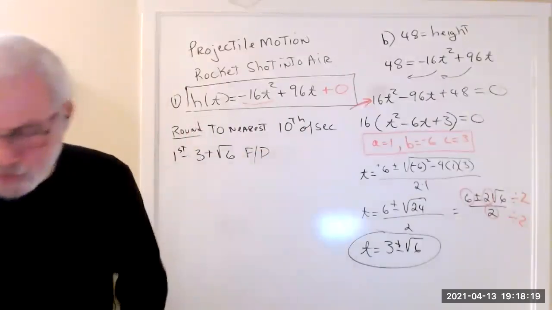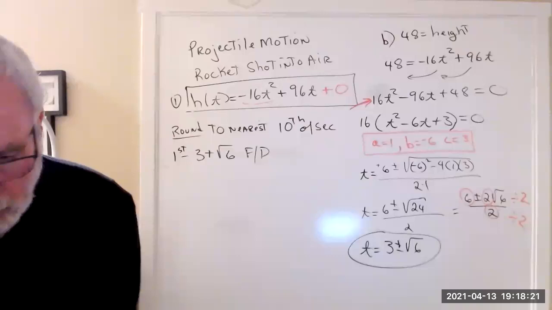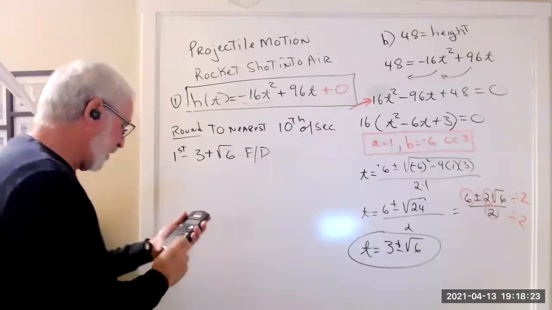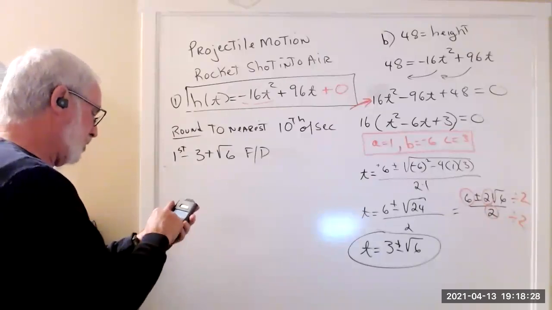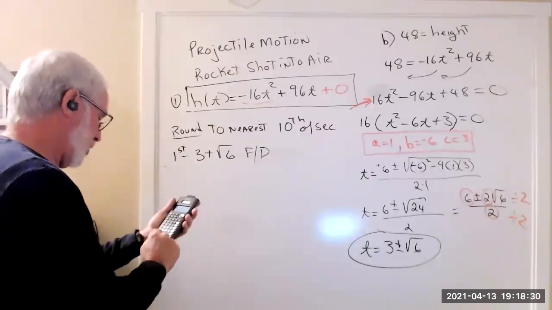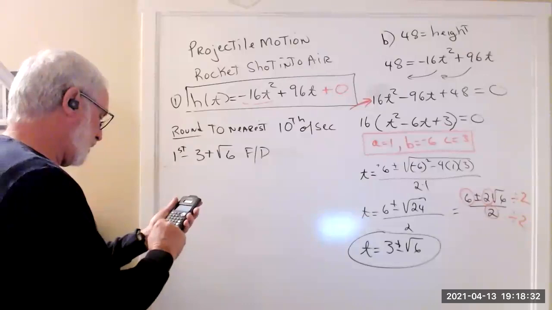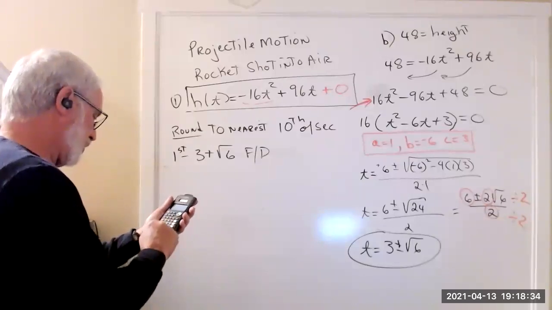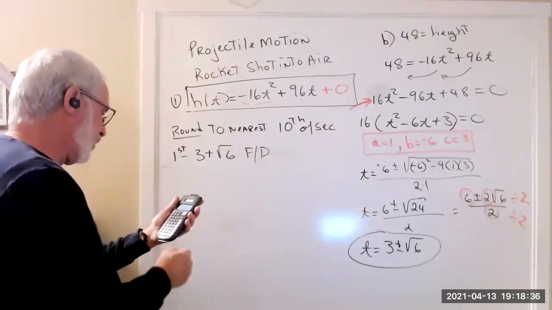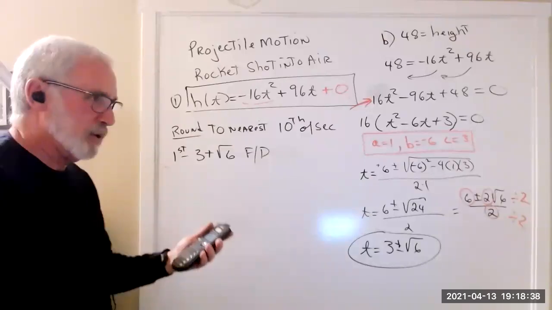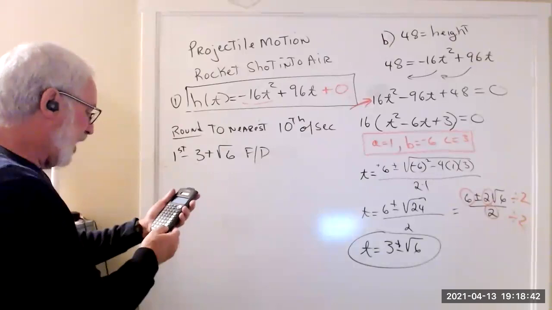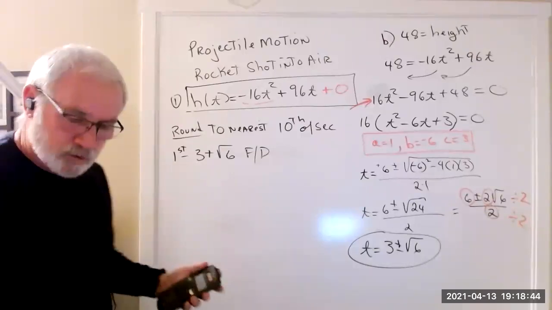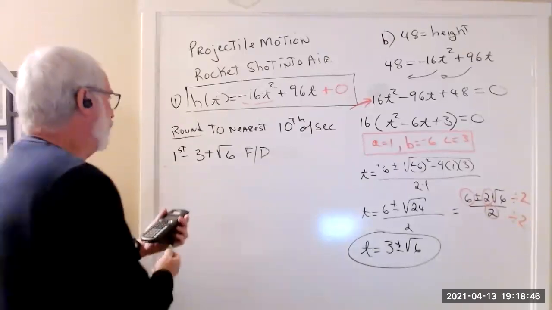So you can do that on the 36X, you might have to mess around on other calculators. Clear. 3 plus square root 6. If I put enter, it just says 3 plus the square root of 6. Duh. But if you hit the FD key, that will turn it into decimals.